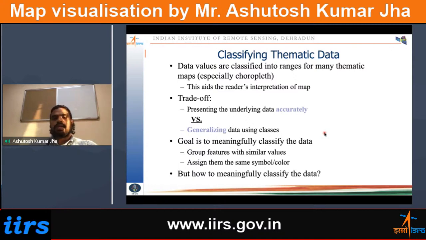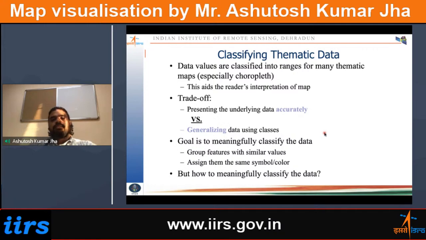So if you want to improve the readability of the maps, you have to group your data set in such a way that people can see those groups individually, considering that they represent a unified attribute.